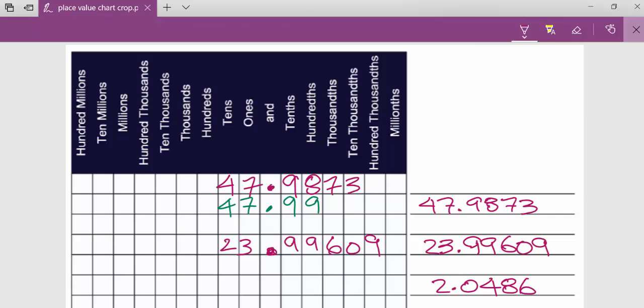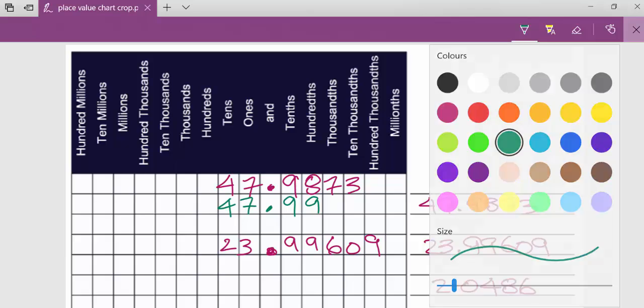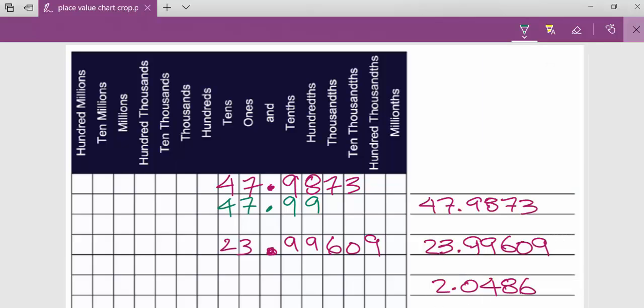I'm asked to round this to the nearest hundredth. Well, what I'm going to then do is identify the hundredths position. Well, that's got a 9 in it right now, and the next place value to the right is in the thousandths position. Well, there's a 6 in the thousandths position. That means I need to round the 9 in the hundredths position up to a 0.